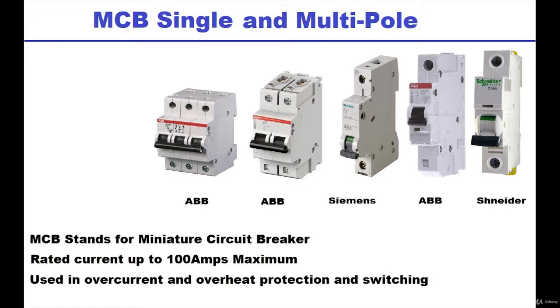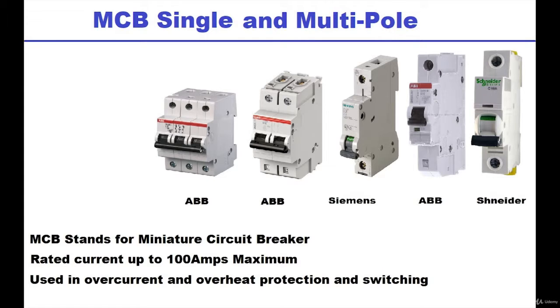Imagine an excessive current passing through your cable. Your cable diameter is small, let's say, and there is a huge amount of current passing. This cable eventually is going to heat up and it will cause a fire, making this cable flaming up.